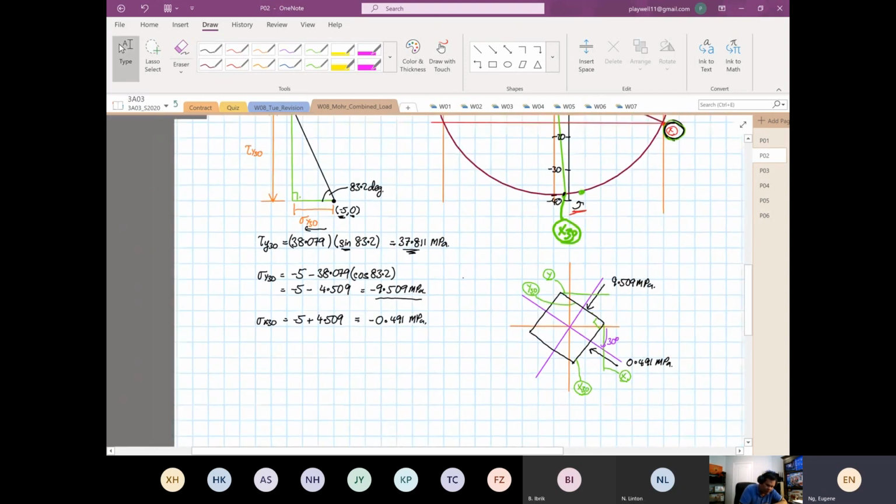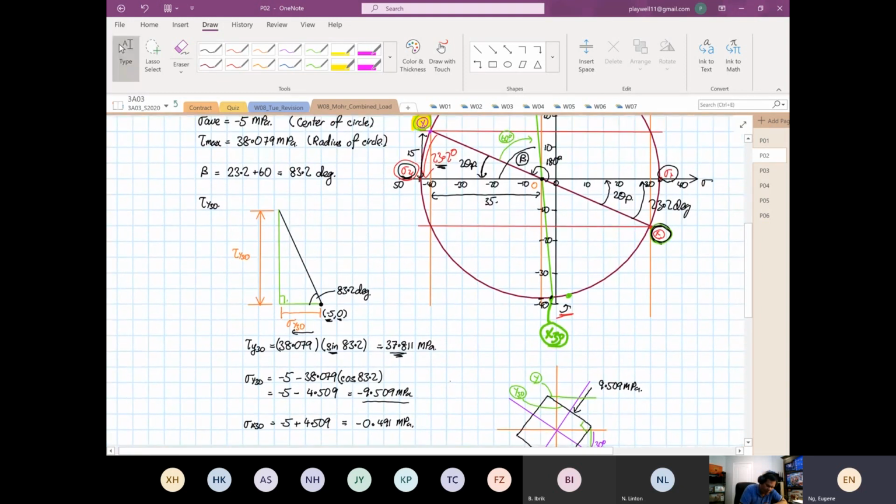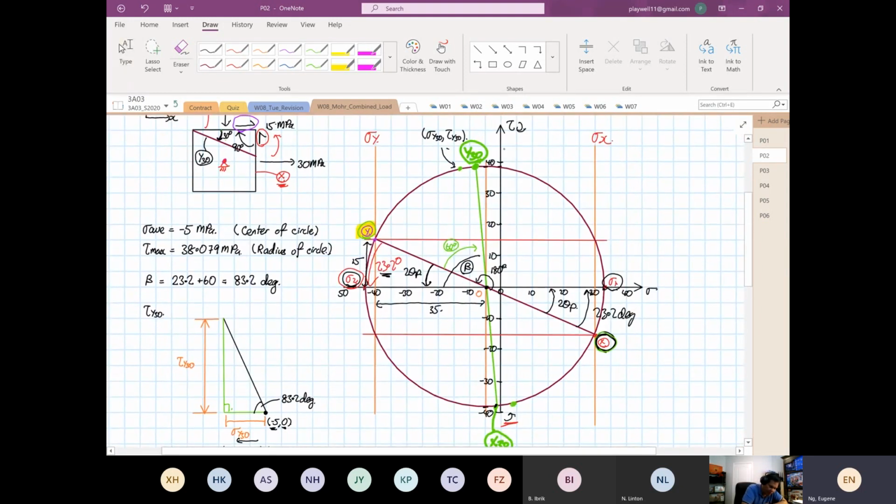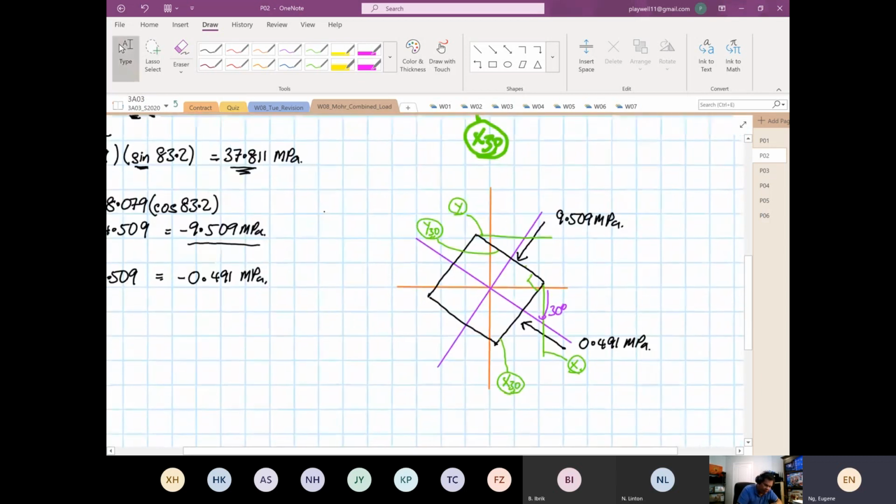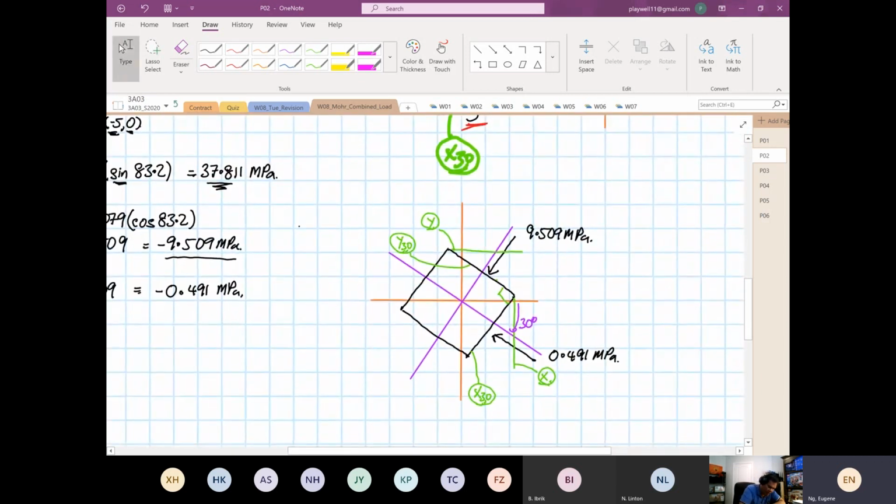Okay. So if you look at Y30, right? The element is going to rotate what? Clockwise. Okay. So if you look at here Y30, the element will rotate clockwise. So in order for the element to rotate clockwise on Y30, let's focus on the Y30 line.